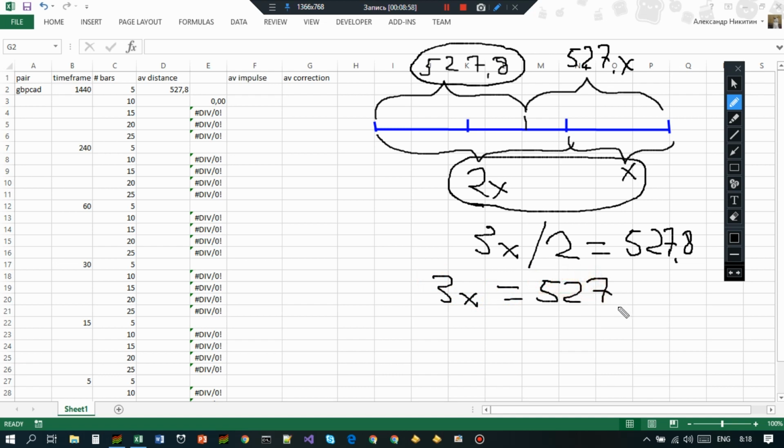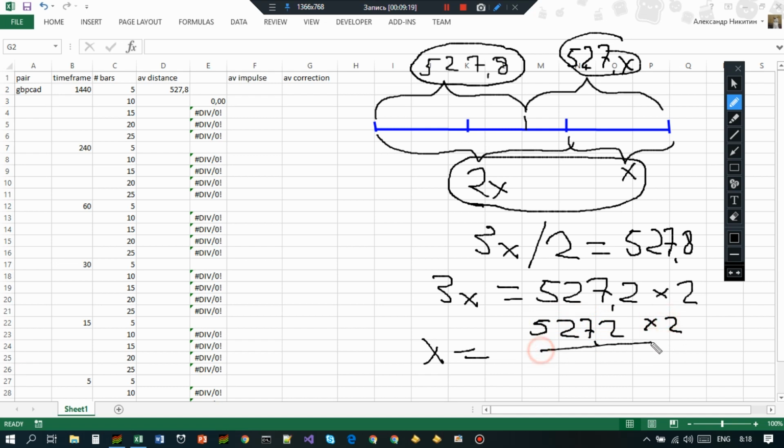This means that 3x equals 527 multiplied by 2. Of course it is 527, 527. So the x equals this 527 multiplied by 2 divided by 3. Okay, let's calculate this.